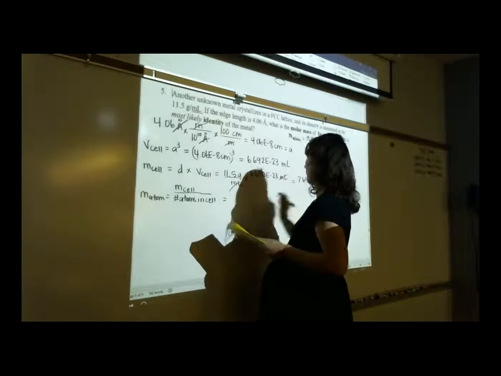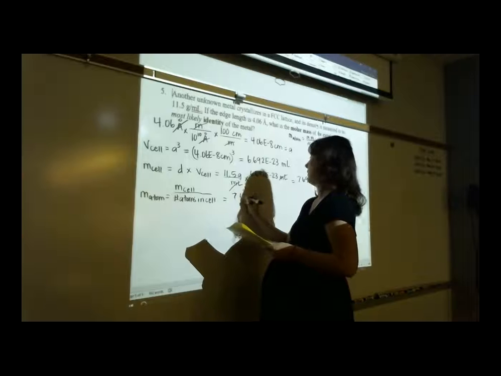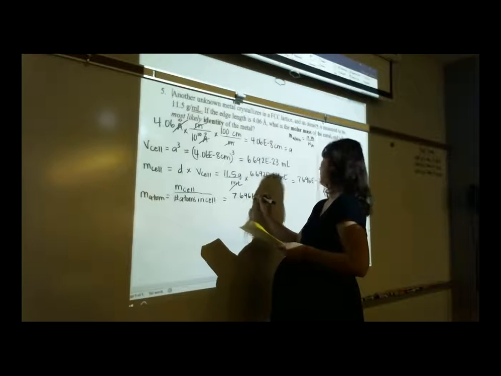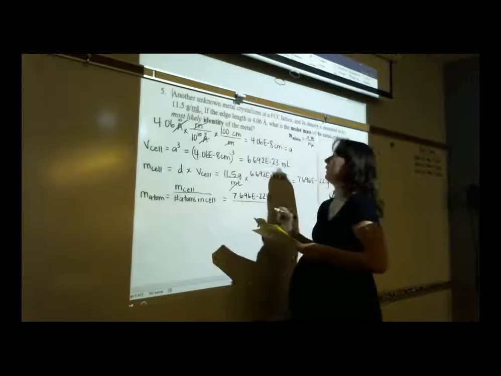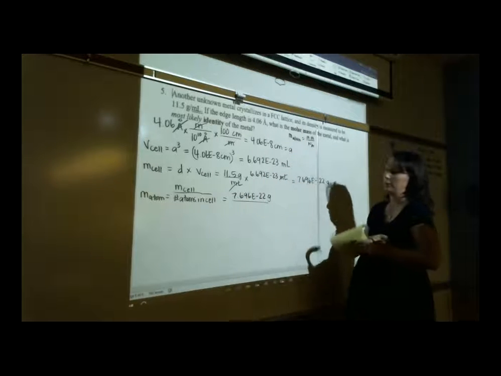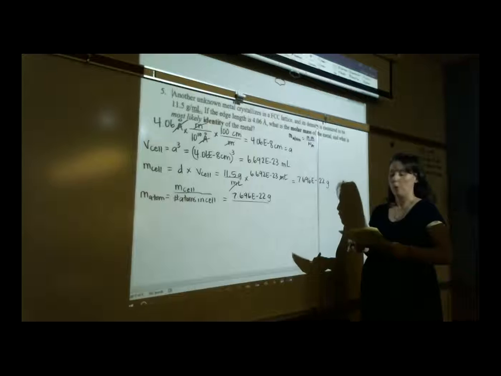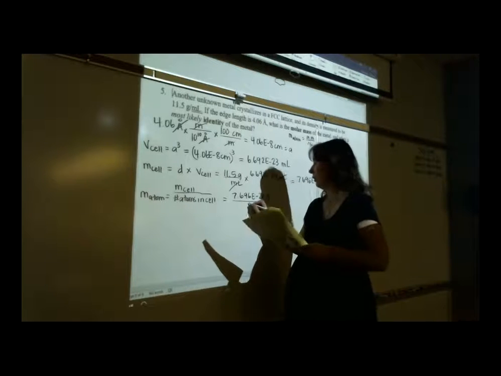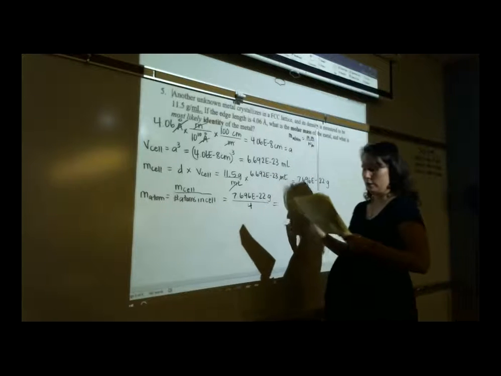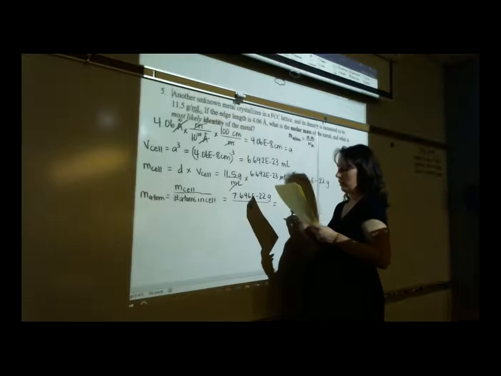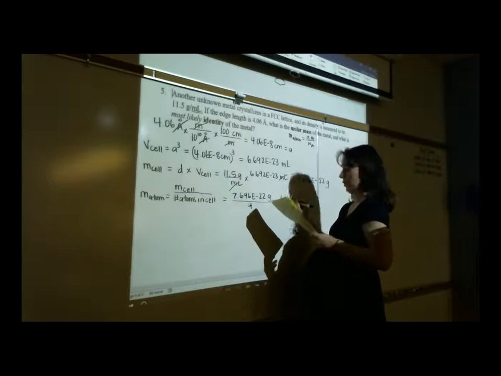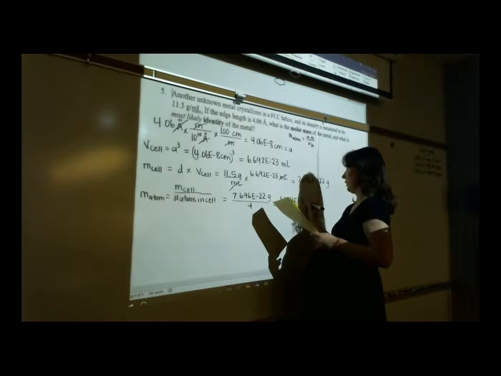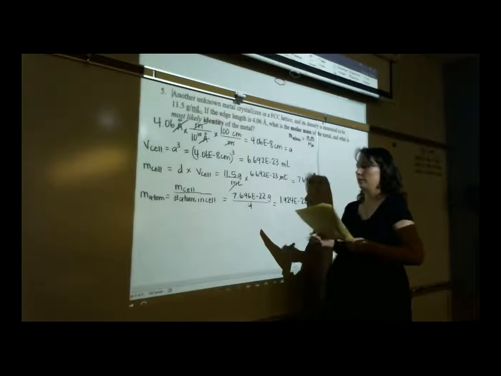So that would be this number, 7.696 times 10 to the negative 22nd grams. How many atoms are in a face-centered cubic unit cell? 4, right, so we're dividing by 4. So when I do that, I got 1.924 times 10 to the negative 22nd grams.